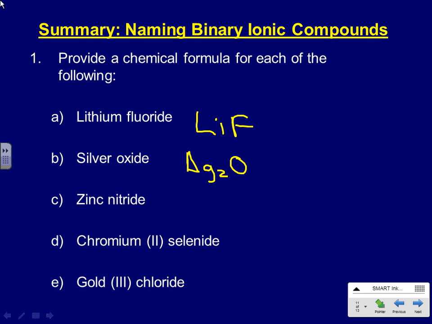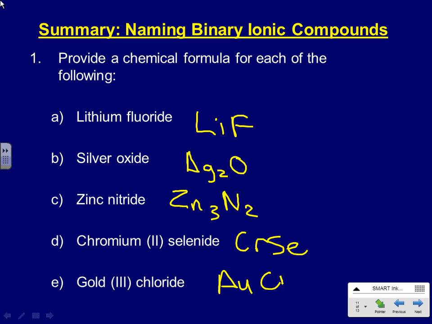Zinc nitride. Yeah, go ahead. Zn3N2. Excellent. Next. We got something? Yep, go ahead. CrSe, 2 and 2. Excellent. They canceled out. Is that the last one, Chelsea? AuCl3. All right?